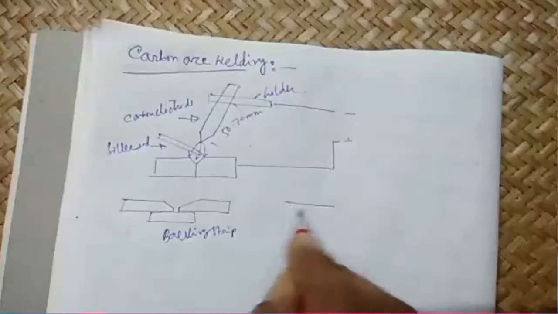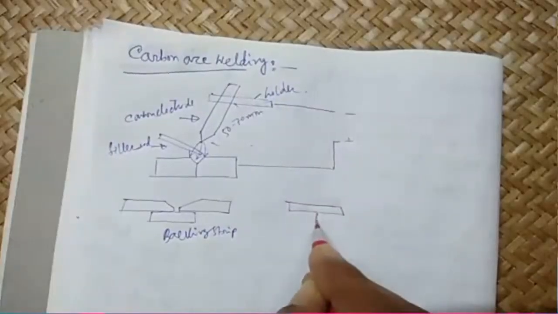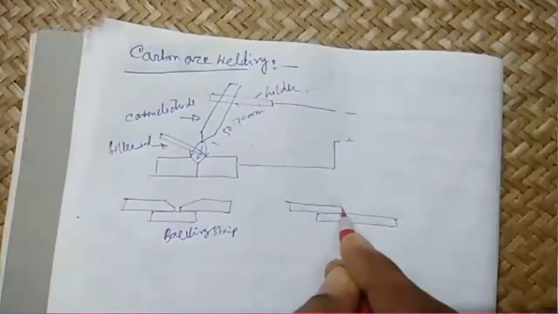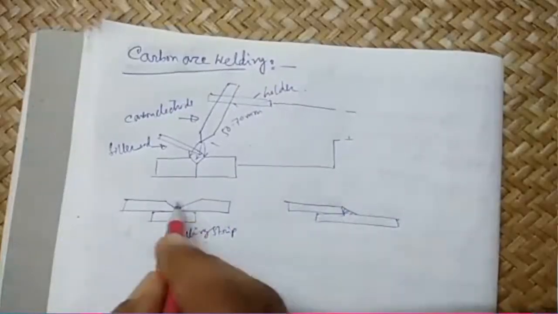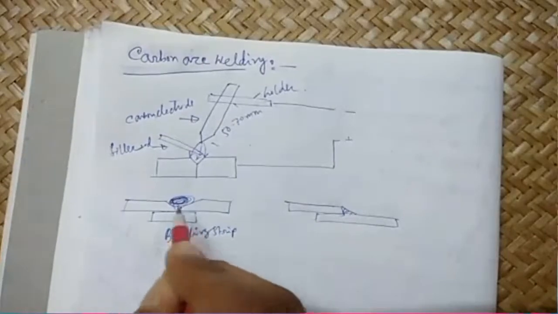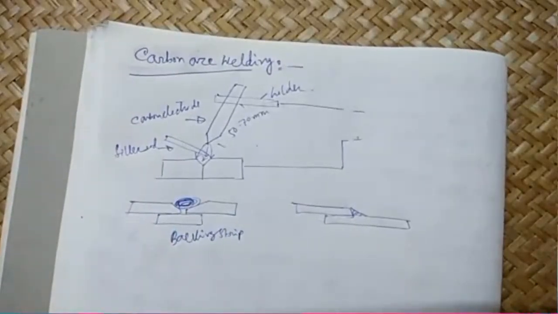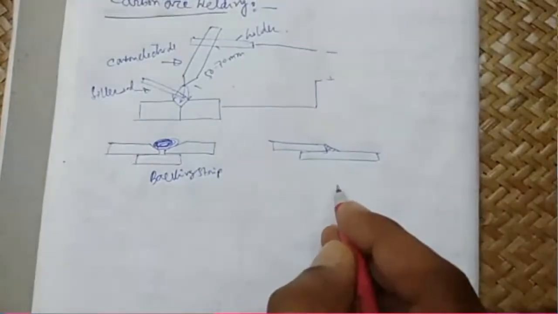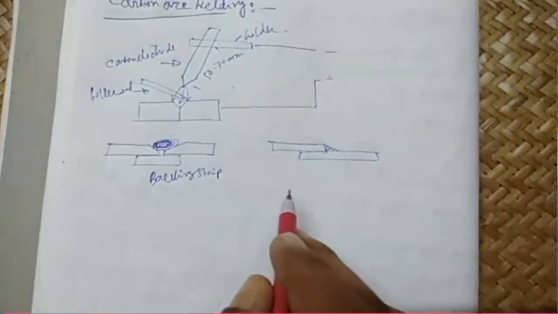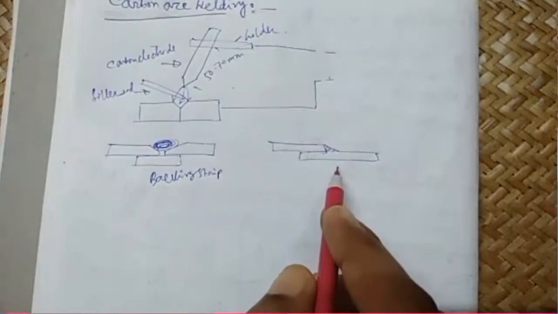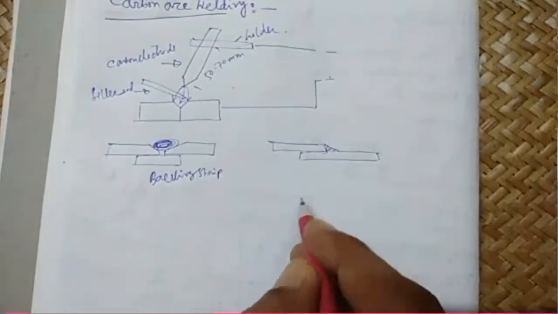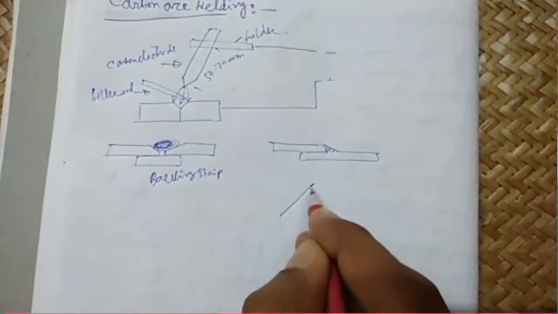In the case of lap welding also, the use of the backing strip is to fix the two metals before welding. It has several uses. These are normal butt joints. This is a lap joint. You all know that, so I do not need to discuss much about it.